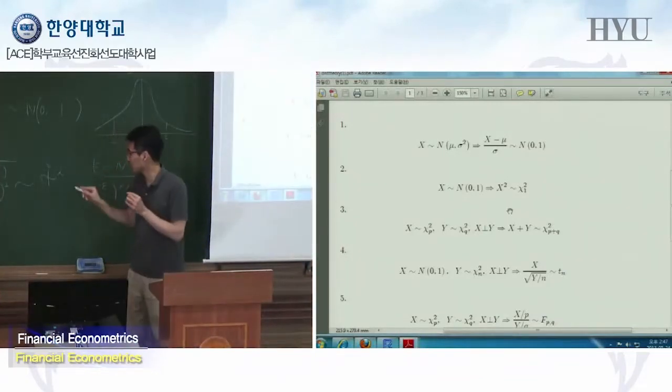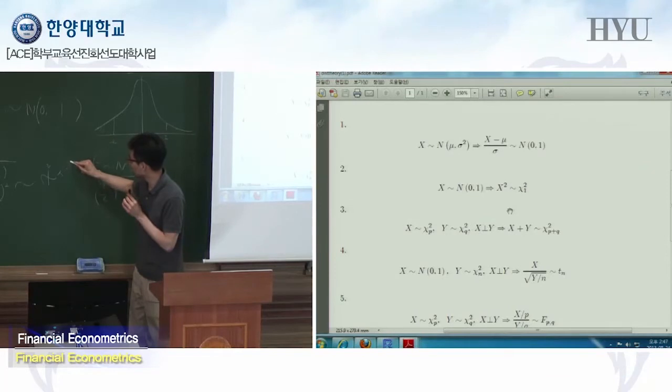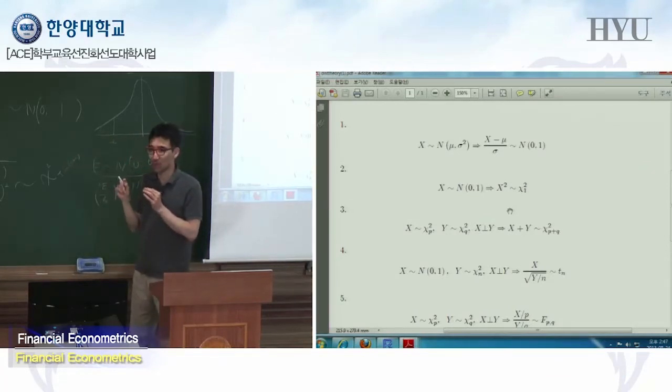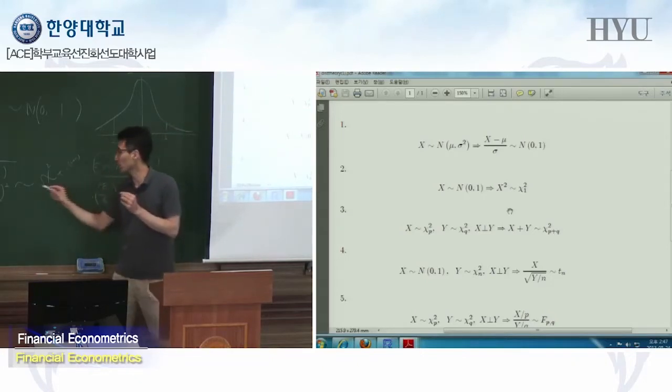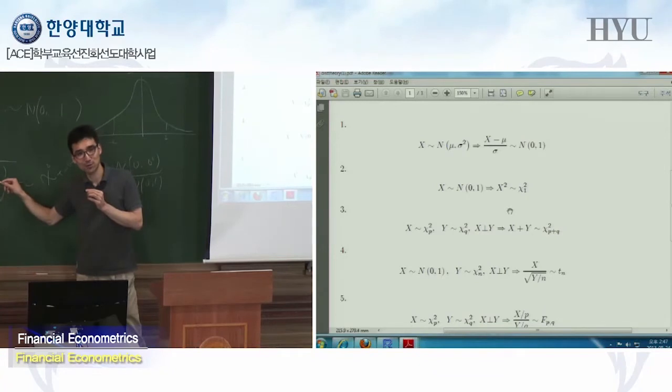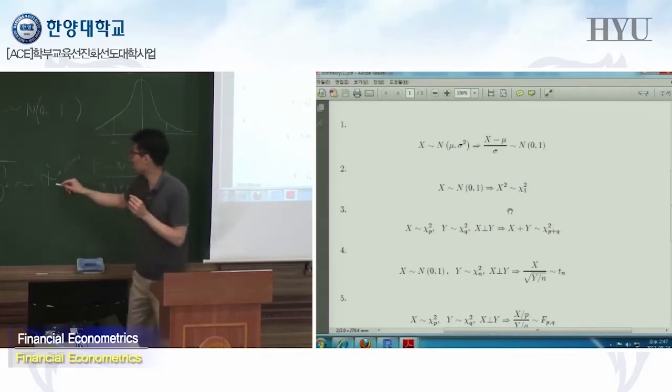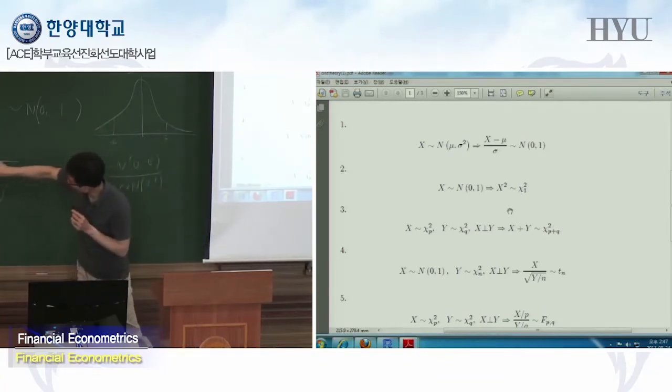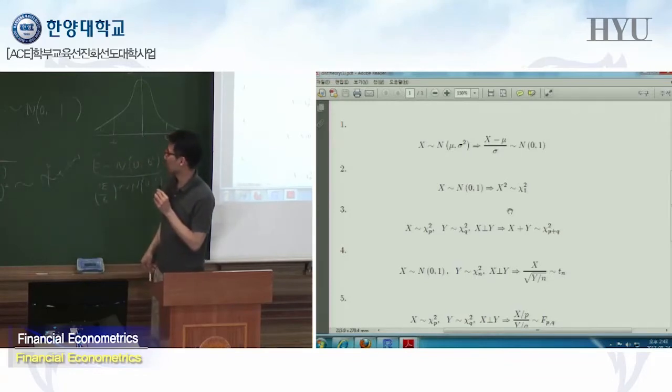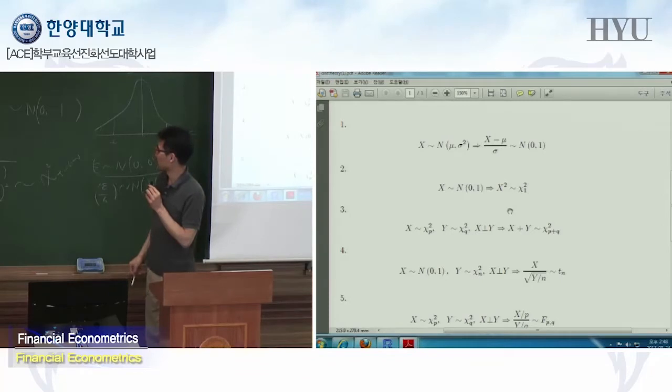Instead, it has degree of freedom t minus 1 plus n, because we already used 1 plus n variables. We used that information already to estimate the epsilon hats. So this part follows a chi-square distribution with degree of freedom t minus 1 plus n.